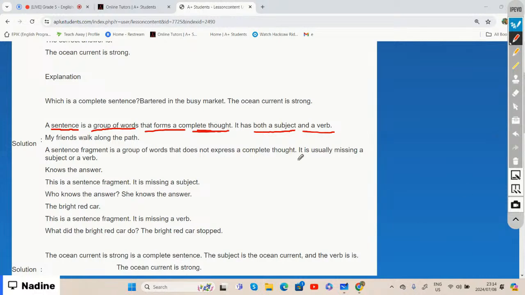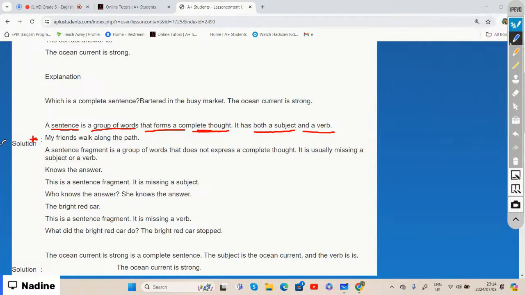And if we look at an example of a complete sentence, right? This is the example of a complete sentence. It says, my friends walk along the path. So we need to basically identify both the subject as well as the verb within that sentence. Because remember, we said that a sentence has a subject and a verb in order to form a complete thought, right?